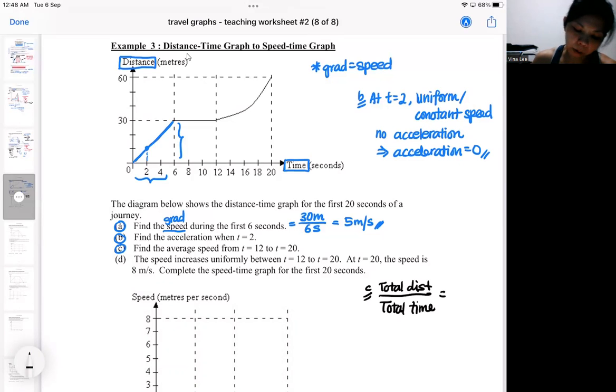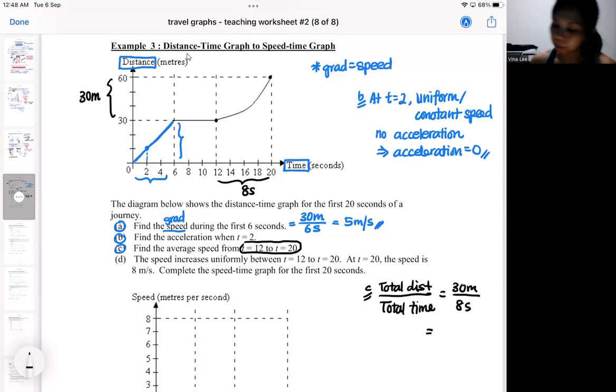So we're going to explore this timing. How much distance was covered in this timing? 30 meters was covered in this timing, and the timing is 8 seconds. So from here, that will be the speed.